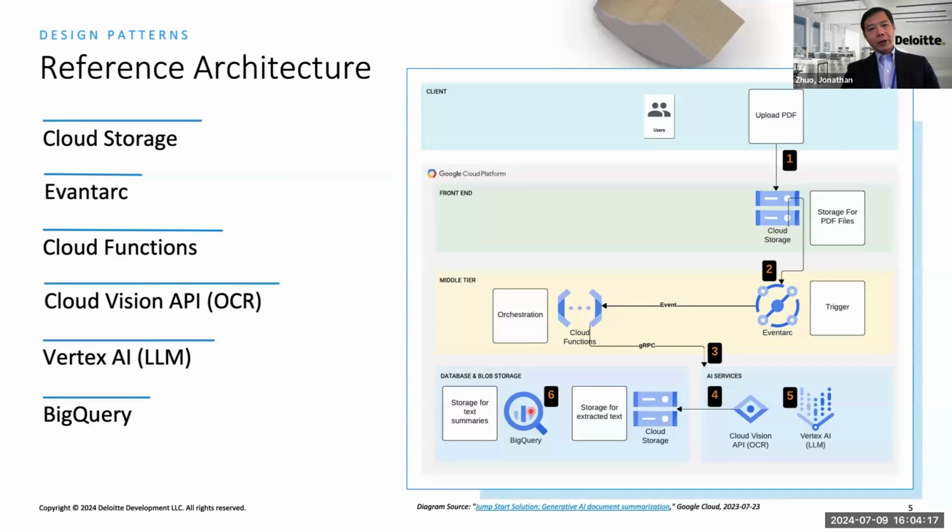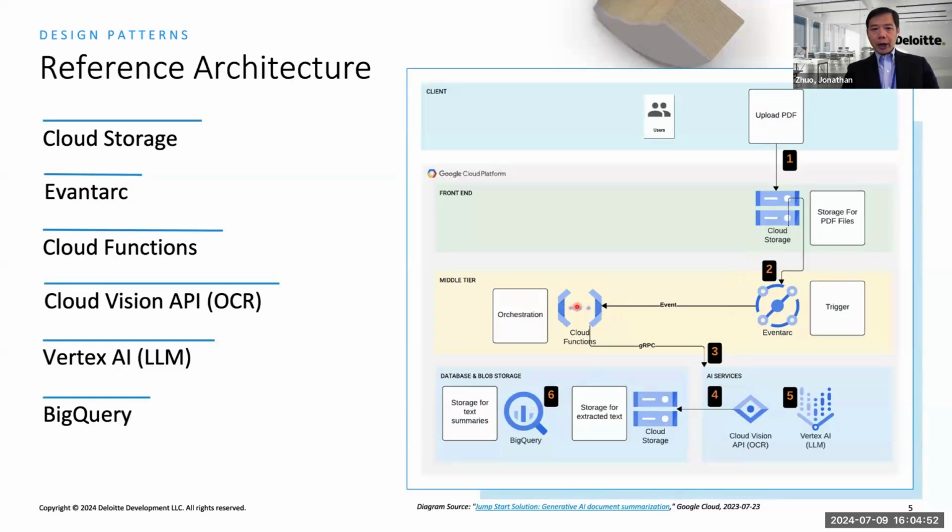And if we look at it from the components perspective, each component serves its purpose in this reference architecture. Cloud Storage stores the PDF documents and extracted text. Eventarc watches for new documents in the cloud storage bucket and triggers an event in Cloud Function. And the Cloud Function orchestrates the document processing steps.